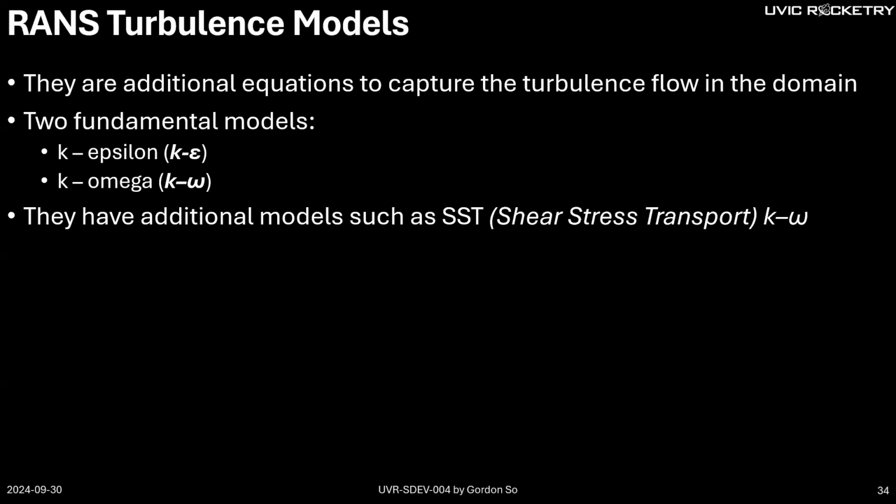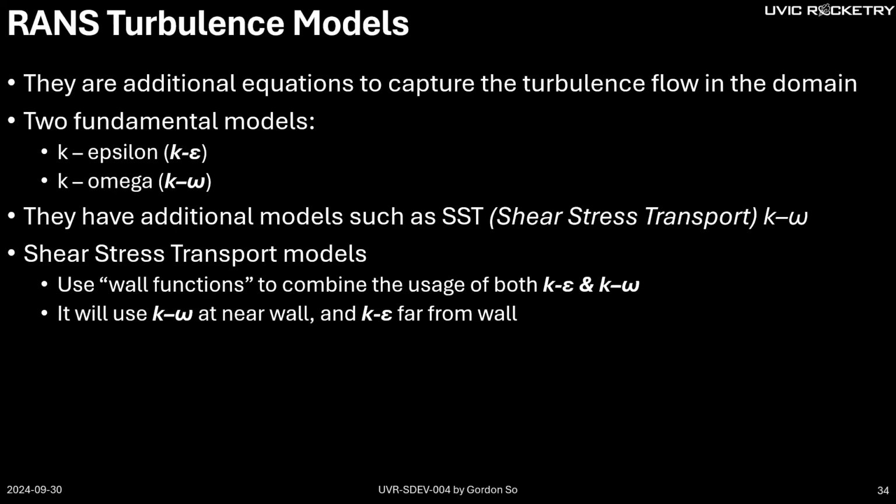There are other models, like I think one is called realizable K epsilon, which is a different modification based on the fluid type. One of the biggest models that I use personally is SST, shear stress transport. This is really well used in supersonic analysis.